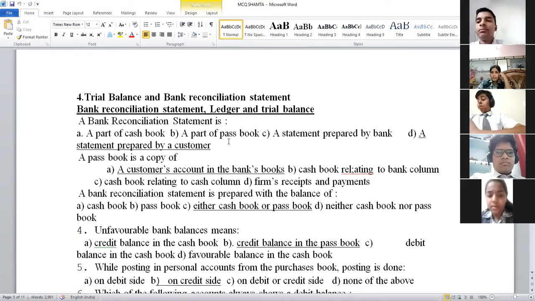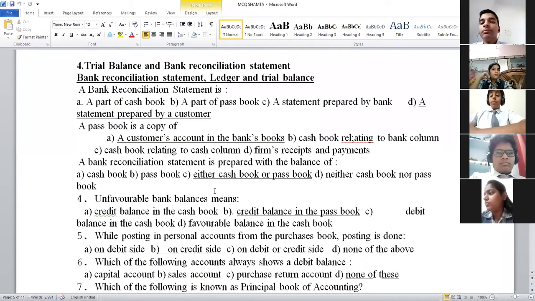Who prepares the bank reconciliation statement? Customer. Passbook is a copy of customer's account in the bank's book, cash book, receipt and payment. See, cash book is not the passbook. Passbook means customer's account in the bank's book.